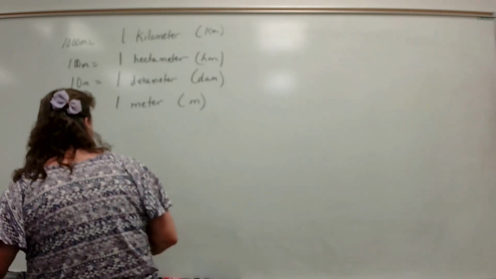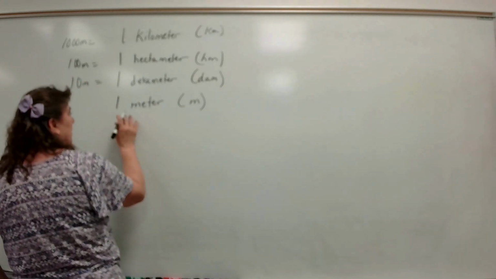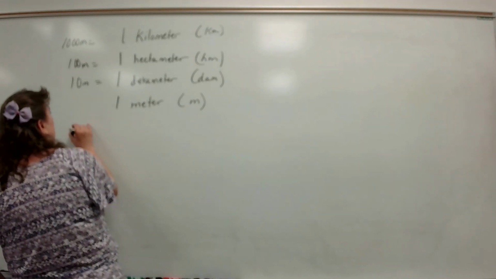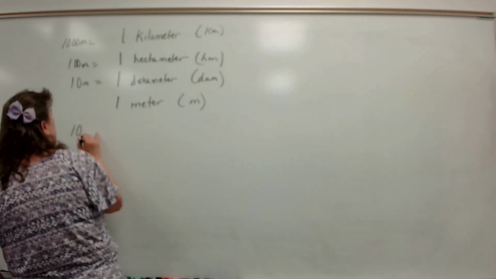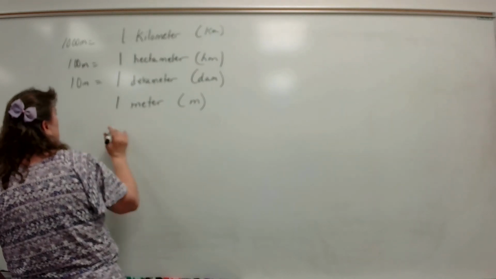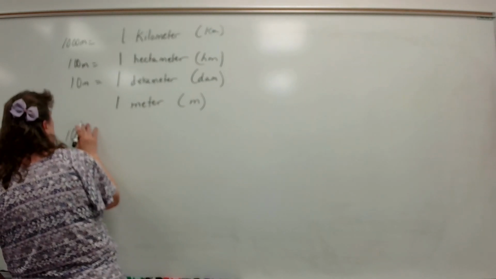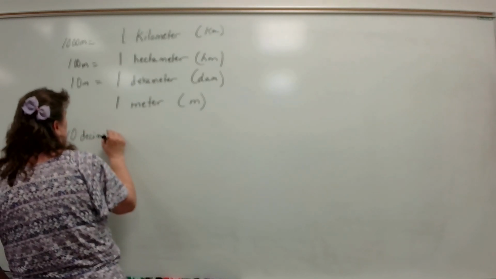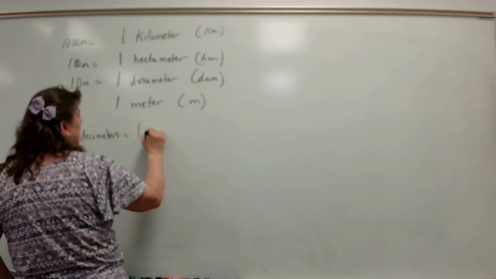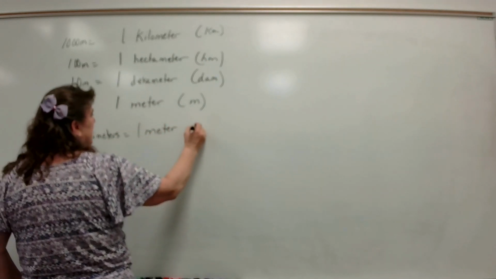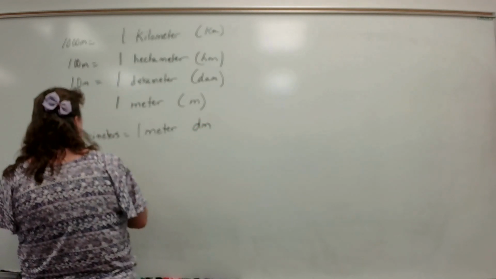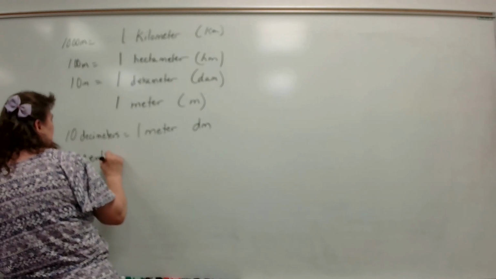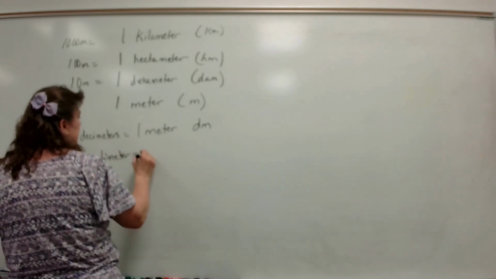Now, going the other direction, I have 10 decimeters is equal to 1 meter. And decimeters is dm. And then I have 100 centimeters is equal to 1 meter.